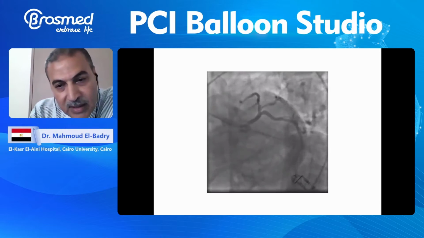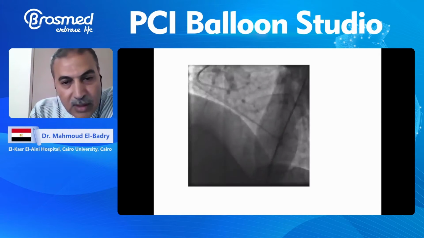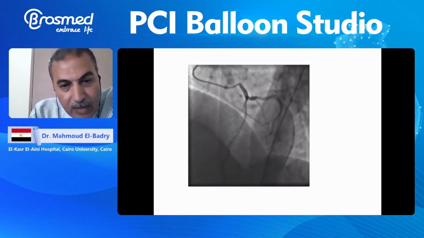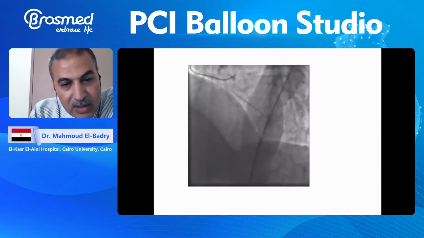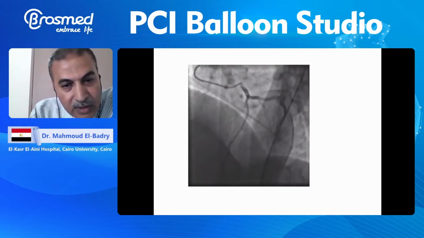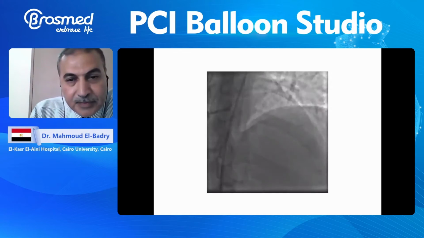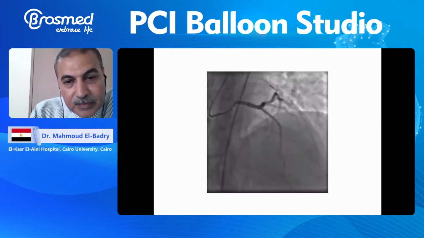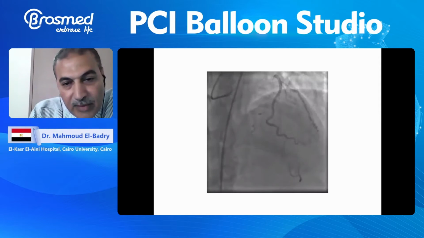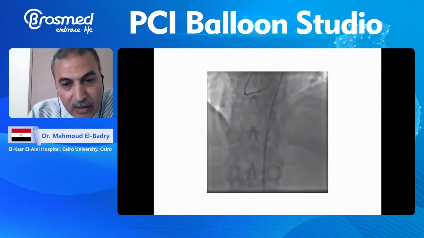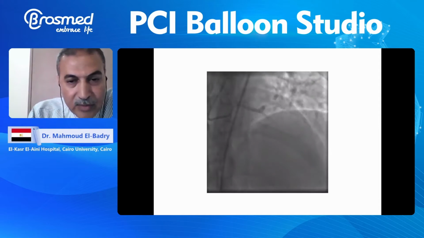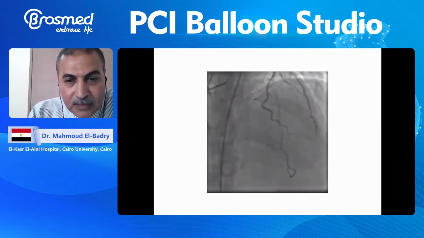It's a large vessel, a tight lesion, and as you see, there are collaterals to the right coronary from the left system. Again, there is filling of the right coronary system from the left system.